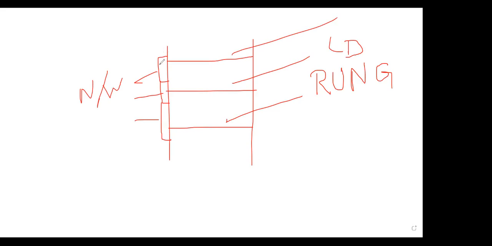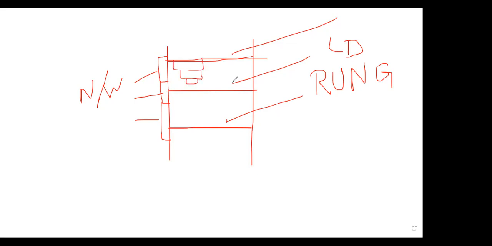So in each network you will have one ladder. You can see in this network, you have one ladder. In this network, you have one ladder. In this network, you have one ladder. There is one rule. In one network, you can have parallel connections. You can have as many parallel connections as you want.